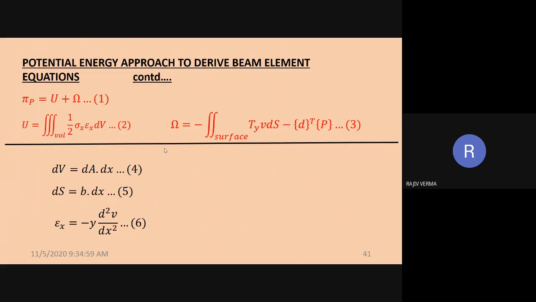But in this particular case, since the beam tends to bend, the strain is going to depend upon the distance of any member from the neutral axis. If y happens to be that particular distance, the strain depends upon y. So this is why the term y is coming in expression number 6.